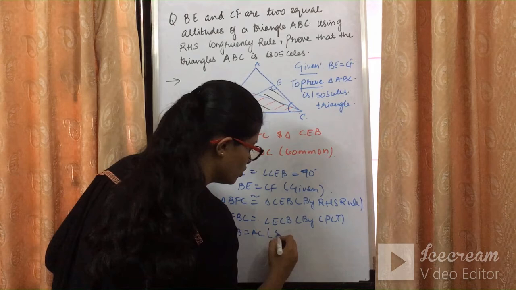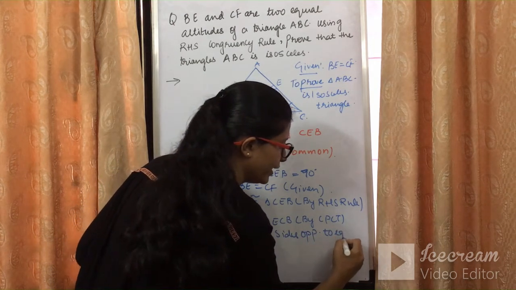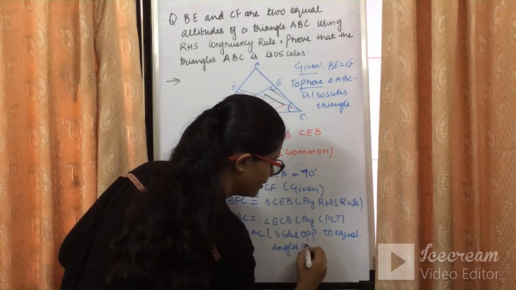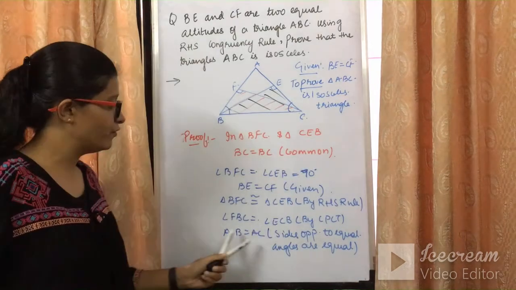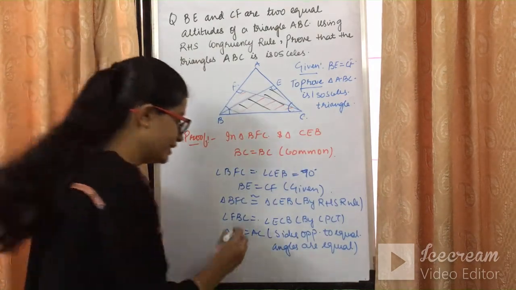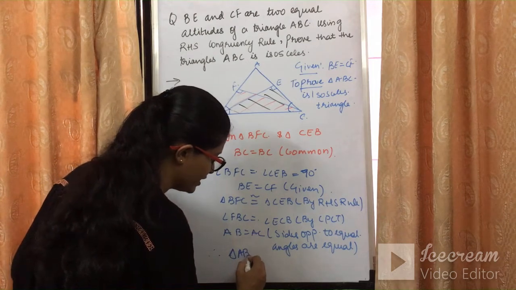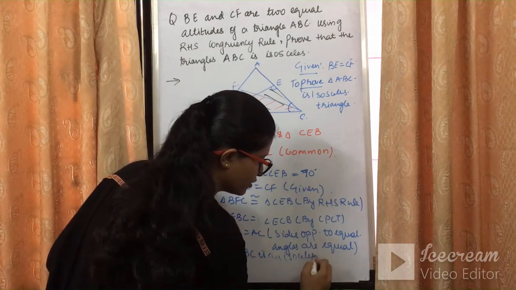Sides opposite to equal angles are equal. So by using this theorem, we can state that AB is equals to AC. If AB is equals to AC, we can say that therefore triangle ABC is an isosceles triangle.